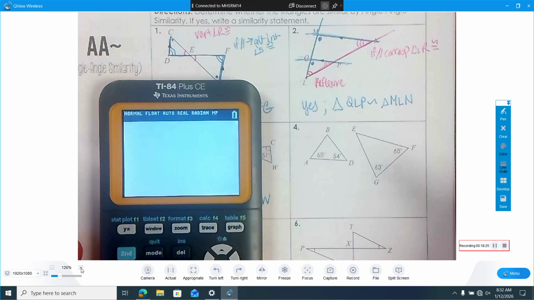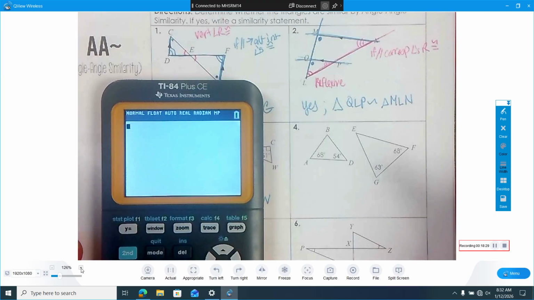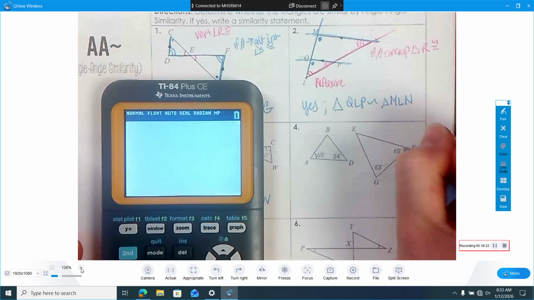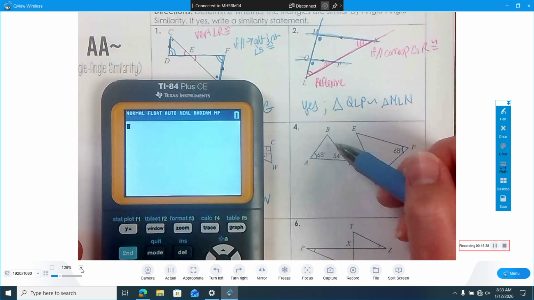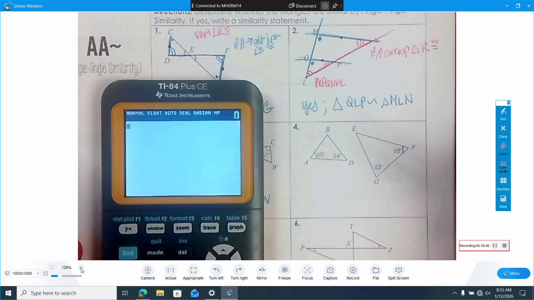Just the numbers, right, corresponding. They don't equal the same. So one angle is 68. So 68 matches. Okay, but can I figure out what angle B is? Couldn't B also be 63? Maybe. Do I need to figure that out? Yeah. Okay.